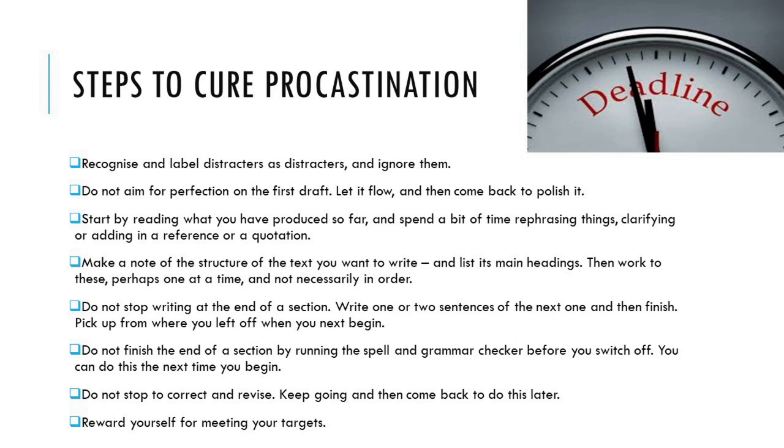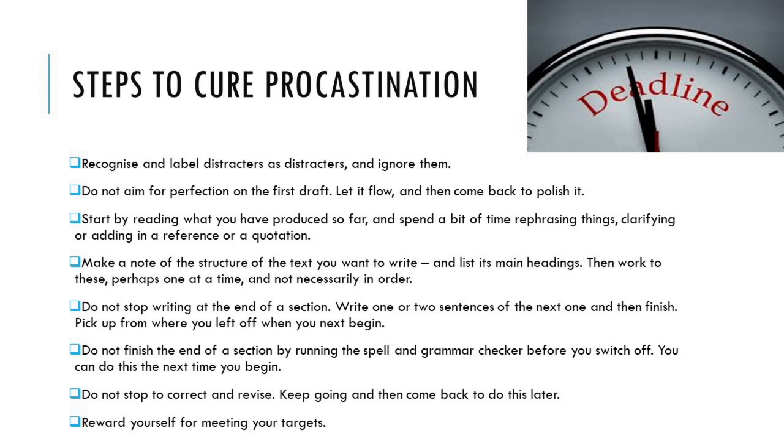Initially you have to recognize and label distractors as distractors, and ignore them. Do not aim for perfection on the very first draft. Let it flow and then come back to polish it.